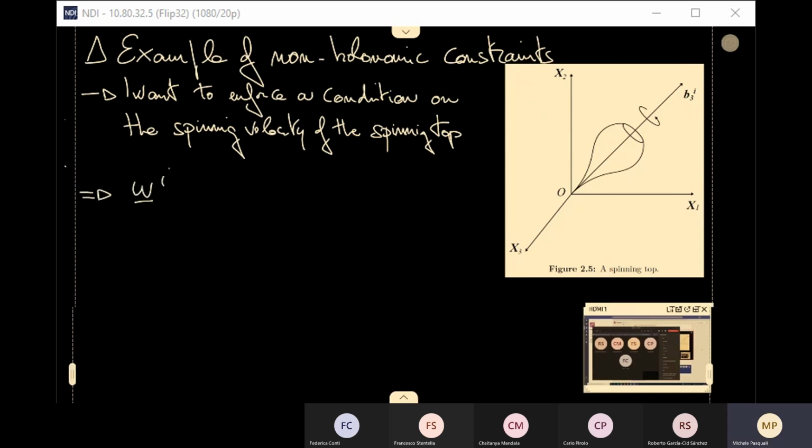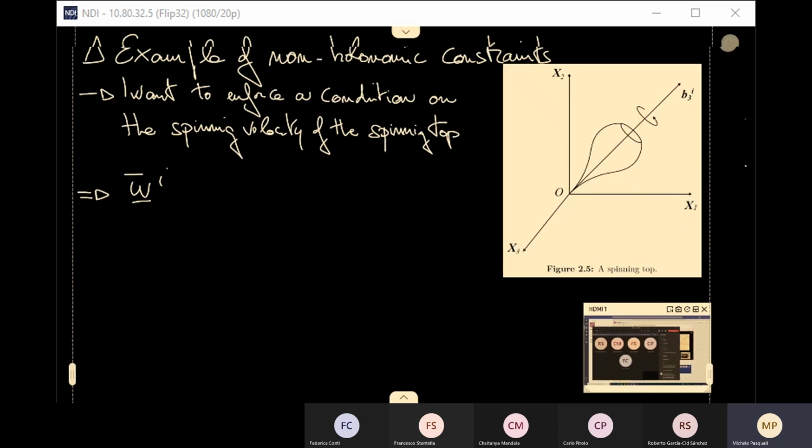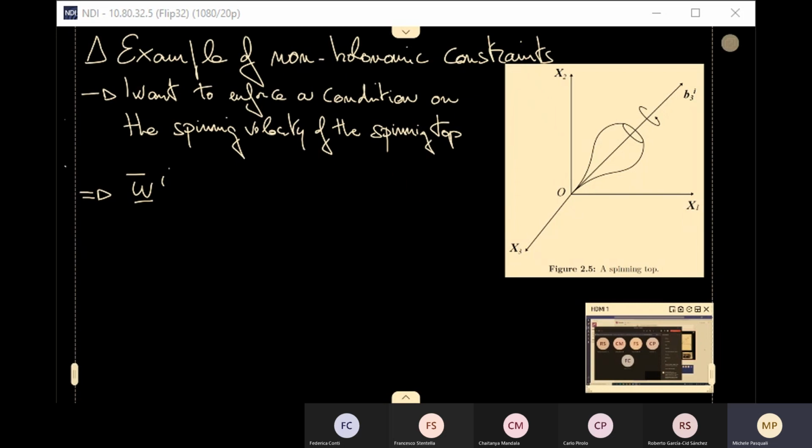It's omega I, right? That's the angular velocity. We have seen it. In fact, in the dual representation that we introduced, I can directly use the one expressed in the local frame of the spinning top.